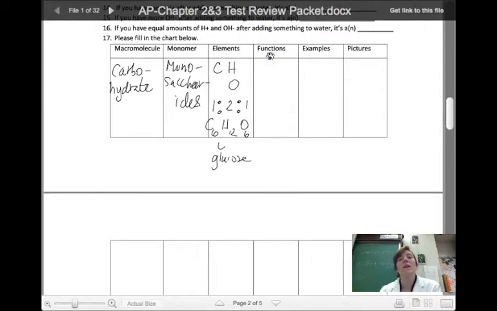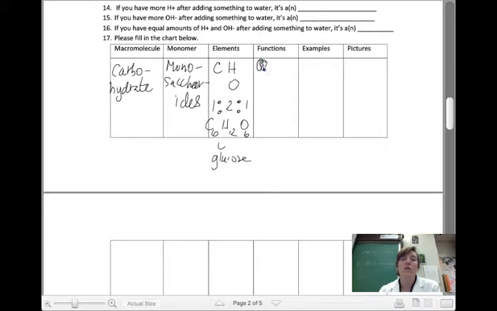Functions, carbohydrates, we have three functions. First, they are quick energy in the body. So glucose in our blood gives us that quick energy. Two, they store energy, and we store our glucose as glycogen in our body. And lastly, in some organisms, they provide some structure.